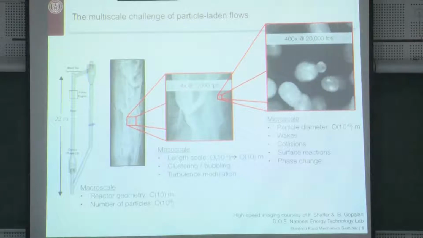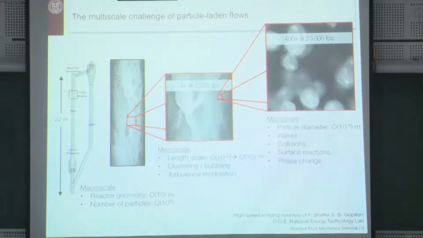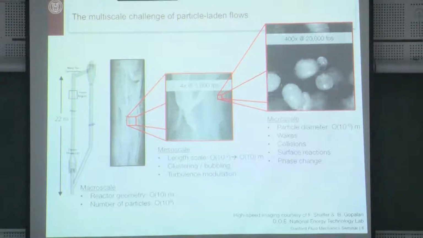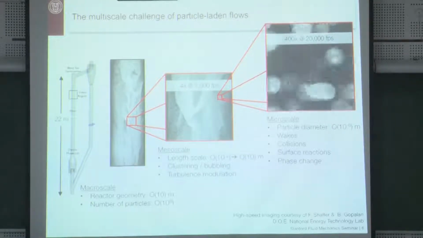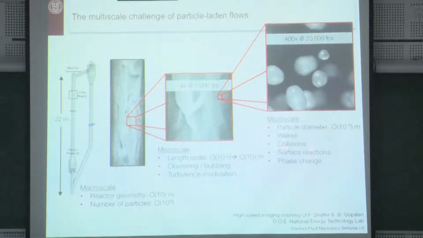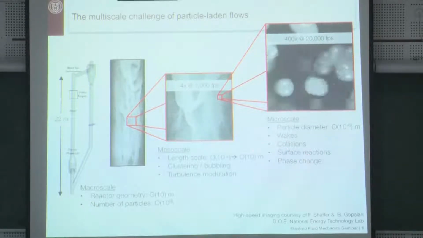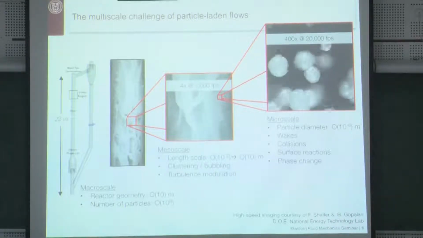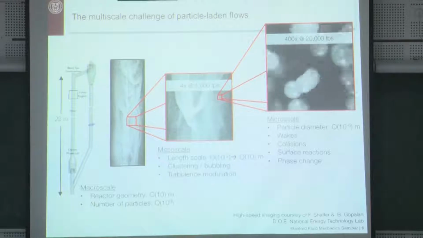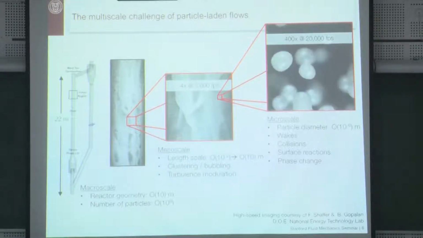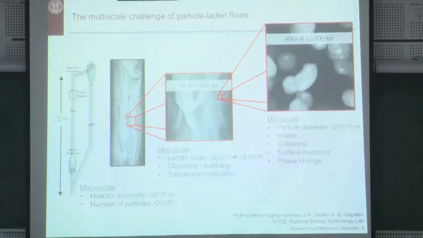The particle here is probably on the order of 100 micron, but the boundary layer at the surface is probably on the order of 10 micron, so we're looking at small processes here. We have particle wakes, we have collisions. This is where the heterogeneous chemical reactions in our reactor are taking place. If you were looking at a different system, you might have phase change. If you had a biomass particle, there would be devolatilization blowing from the surface.